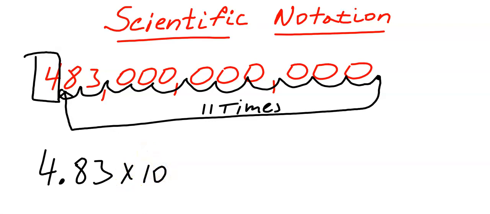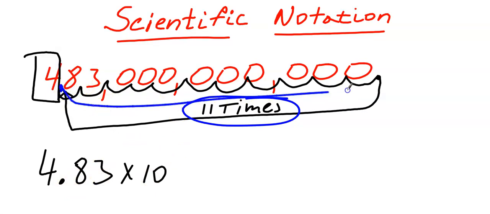Now, multiplying it by 10 means taking your decimal and moving it over and making it larger one spot for every time you multiply it by 10. We moved our decimal 11 times. And therefore, for this to go back from there to the original spot, you have to go back 11 times.